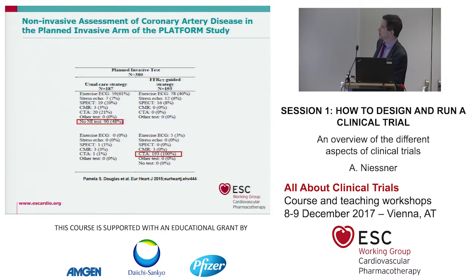And then there's the surprising information: these patients are already scheduled for catheter. 50% of patients didn't have any non-invasive testing at all. So what they actually compared were 50% of patients doing no non-invasive testing at all, compared to 100% of patients doing a CT. So that's actually the outcome of the study. So we have to be very careful about the results of the study.